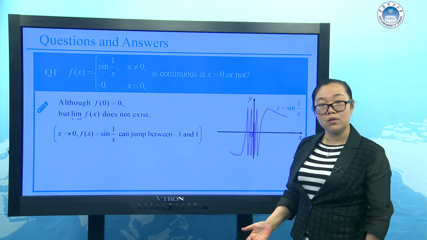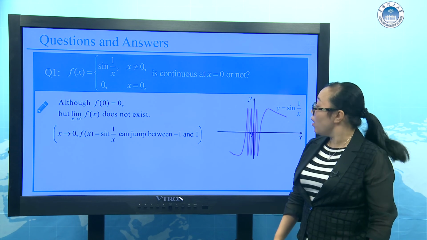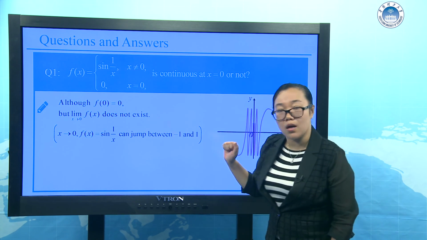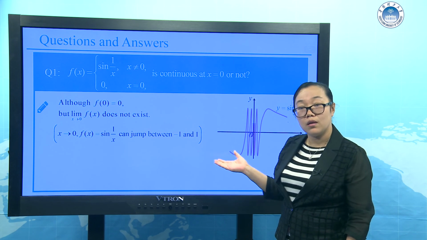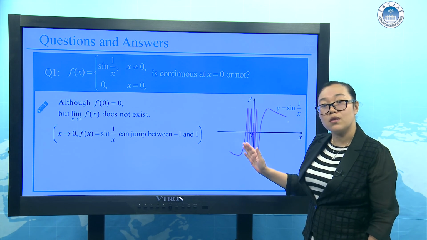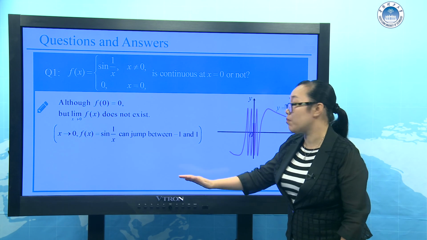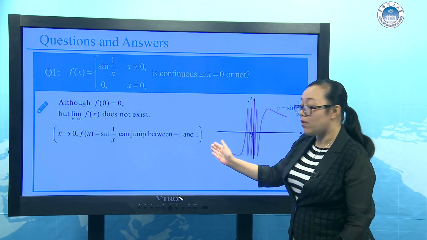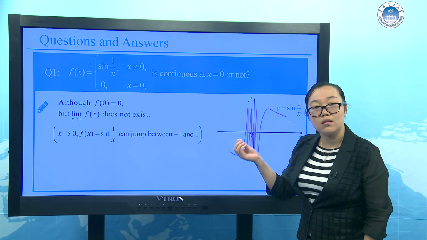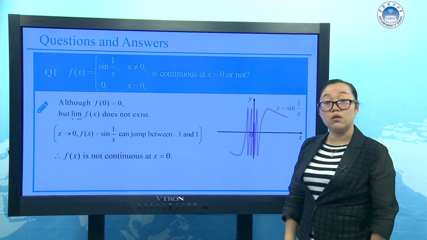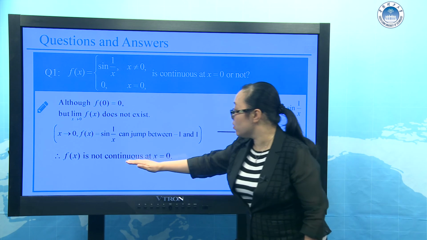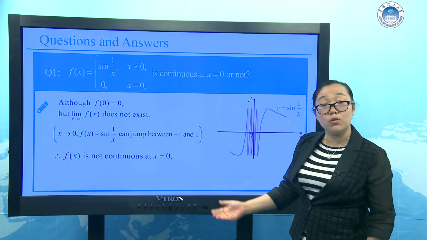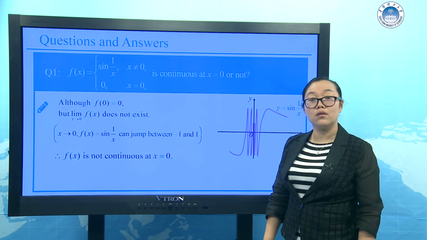Do you remember the definition of the limit? If the limit exists, it means the limit is some real number. In this figure, sin 1 over x jumps between -1 and 1, which means the limit does not exist. So f(x) is not continuous at the given point because the limit does not exist.